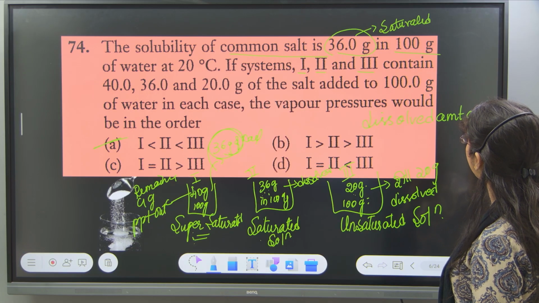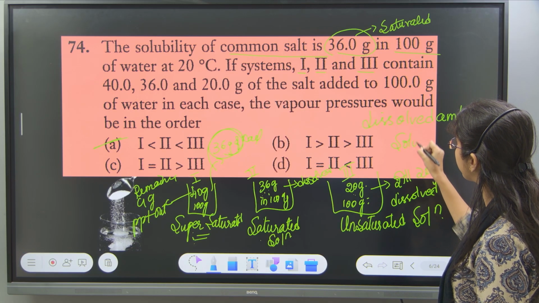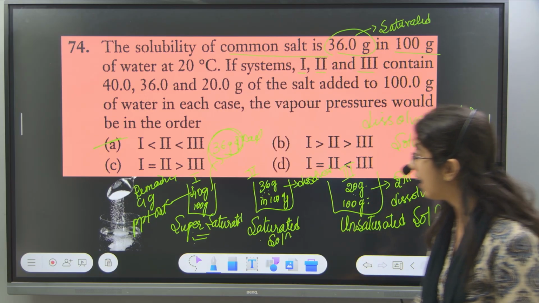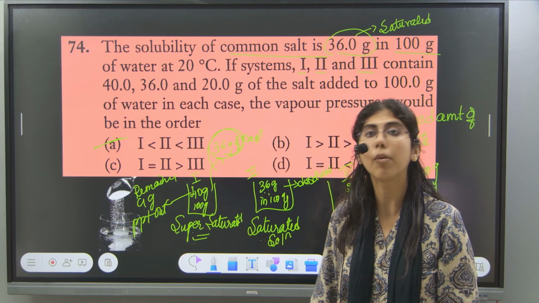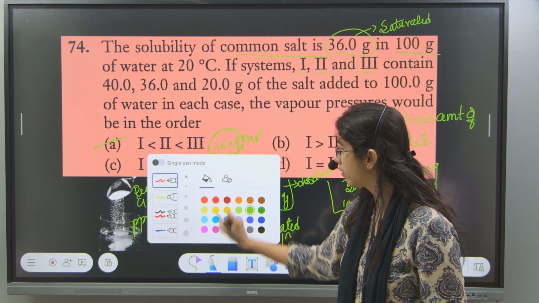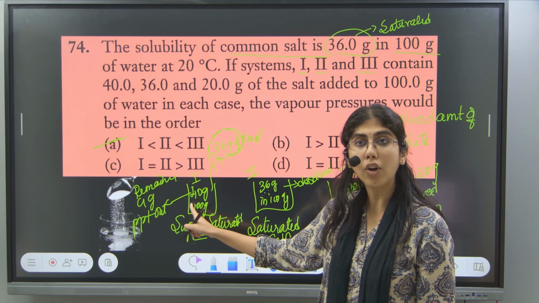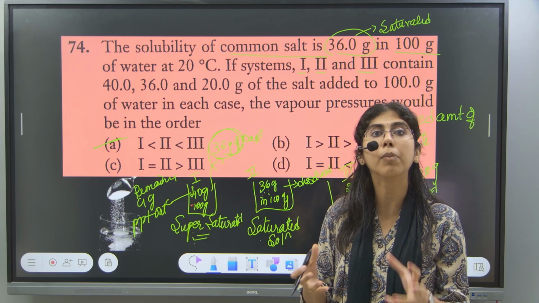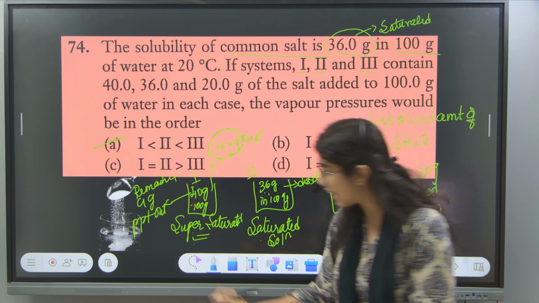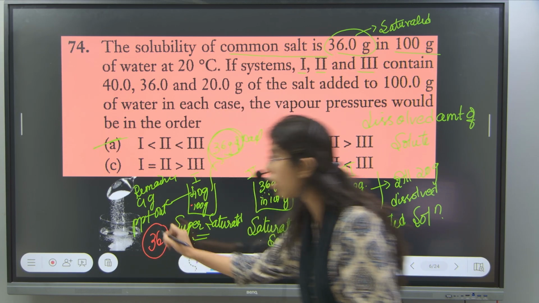Now, in the first case, what is the dissolved amount of solute? Out of 40 gram, how much is in the soluble form? 36 gram. Only 36 is in soluble form.